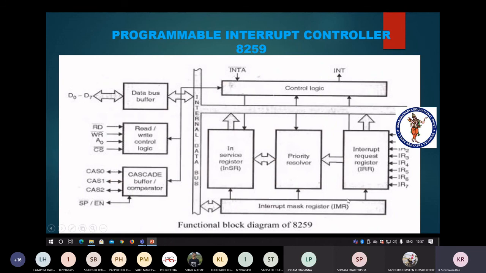By getting these 3 pieces of information, the priority resolver identifies which interrupt needs to be serviced next. According to that, it generates the INT pulse towards the processor. If the processor is ready, it sends the interrupt acknowledge for exchanging the data through the data bus buffer. So this is about the 8259 programmable interrupt controller architecture.